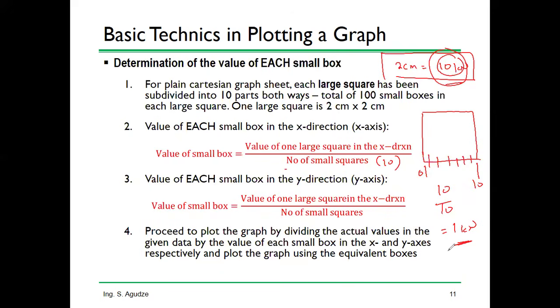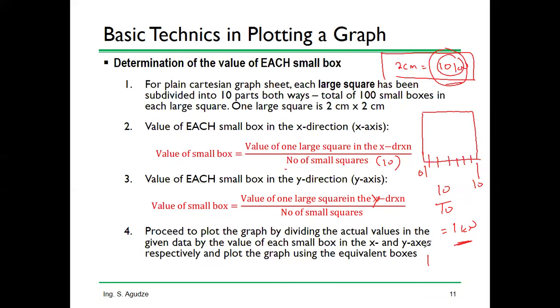Okay? So you do the same for this one in the y direction. So that if I take, let's say, the x direction, I know one box is equivalent to, let's say, 1 kilonewton.